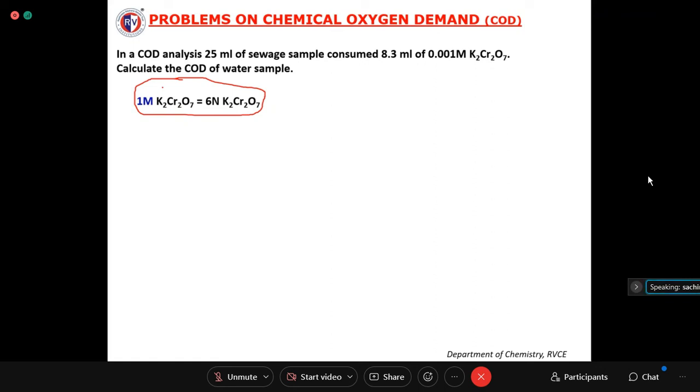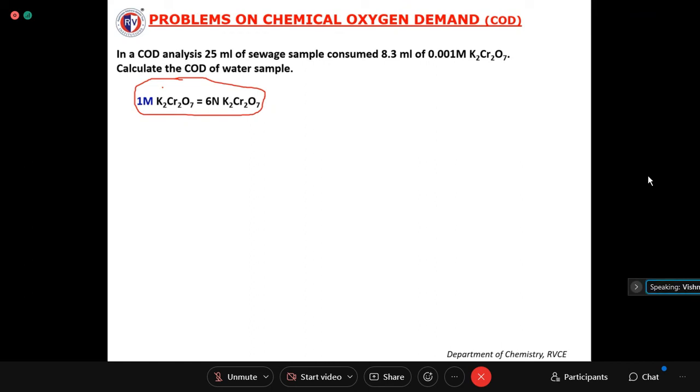We have to use the normality formula. In the first lab itself, we told you how to calculate the equivalent weight of K2Cr2O7: molecular weight by change in oxidation number. What is the change in oxidation number? As Sachin rightly mentioned, Cr plus 6 converts into Cr plus 3, so the change in oxidation number is 3.